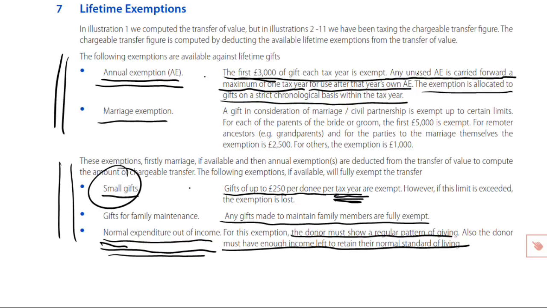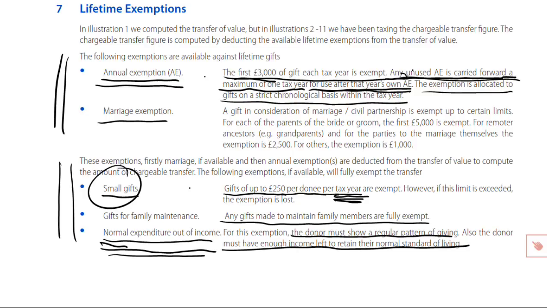So what does that mean? This tax year I have available 2 annual exemptions, but the unused AEA that is brought forward is for use after that year's own annual exemption. So against the £5,000 transfer of value, I would use firstly the current year's annual exemption of £3,000, followed by a further £2,000 of the previous year's unused annual exemption.